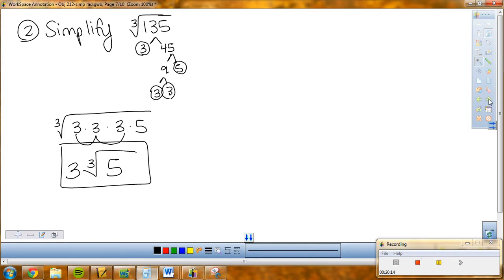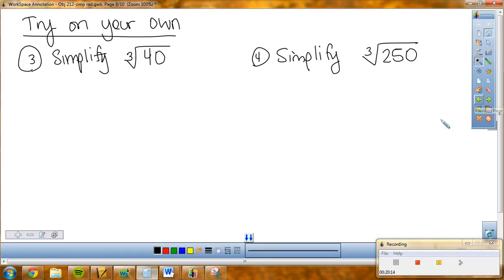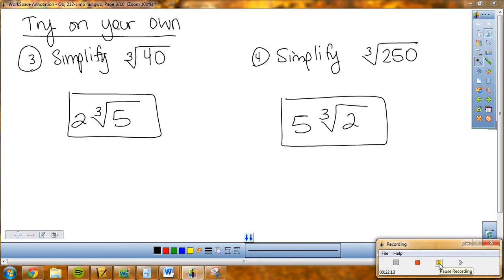So now you can try it on your own. Again, go back, following the key points, trying not to forget your index in your final answer, and we'll come back and see how you did. Okay, so for number 3, you should have gotten 2, the third root of 5, and 5, the third root of 2.